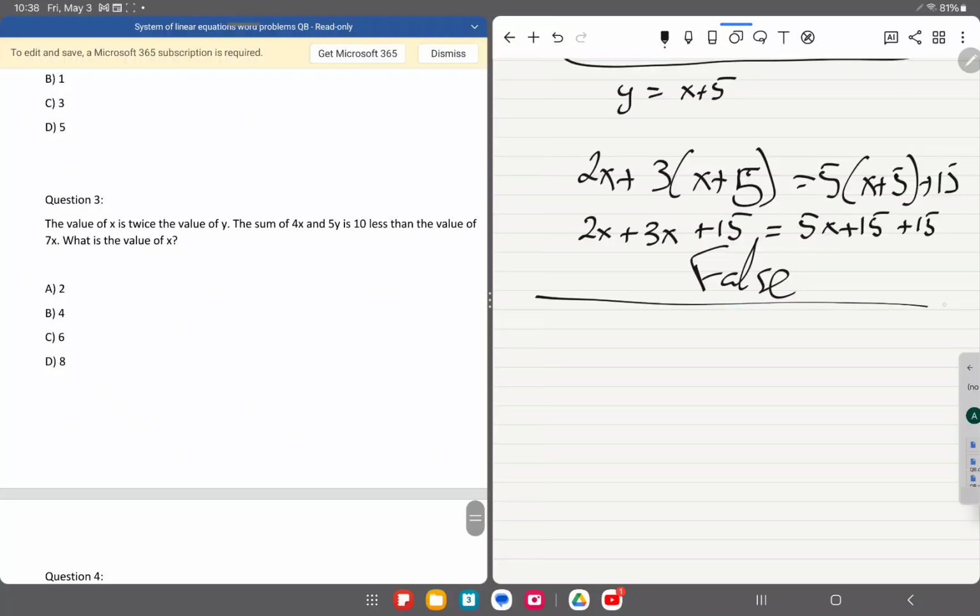Question 3. The value of x is twice the value of y. So I'm going to write x is equals to 2y. Now the sum of 4x and 5y is 10 less than the value, minus 10. They want us to figure out the value of x.